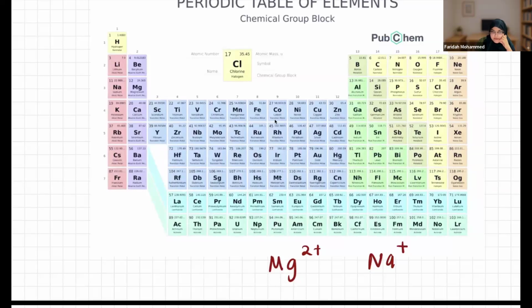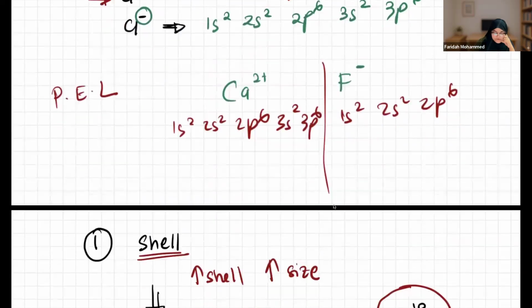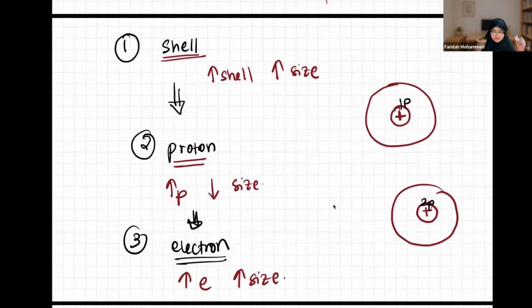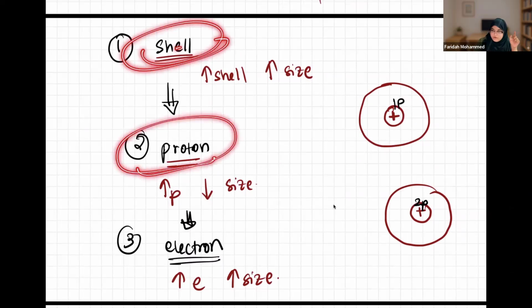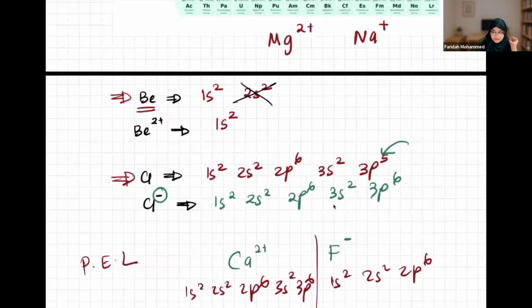I said like an AP test, right? Diksha, you have to follow the chart. What do you first look at? You don't just pick whatever you want. You start with shell. If that's the same, you go to the number of protons. If that's the same, then you go to the number of electrons. Okay? You have to do it one by one.